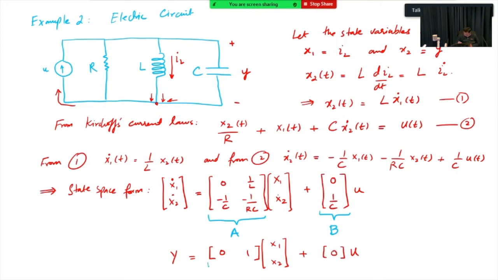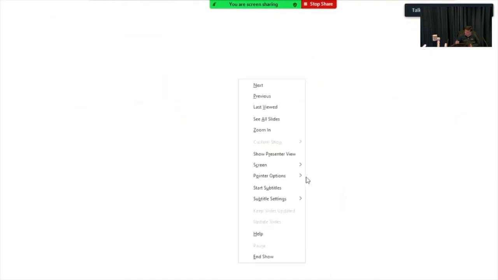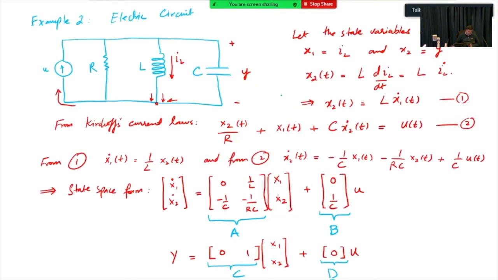So this is going to be your C matrix, and this is your D matrix. Okay, so do you see the state space here?